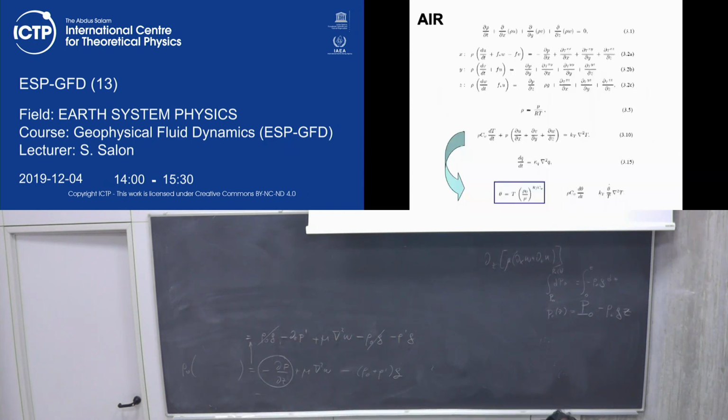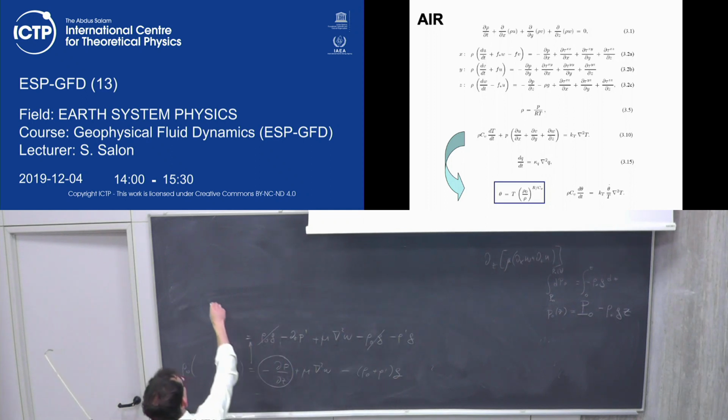So, let's take, for example, this density equation, we can look at it here. So rho CV dT/dt plus P divergence. So no longer this one.